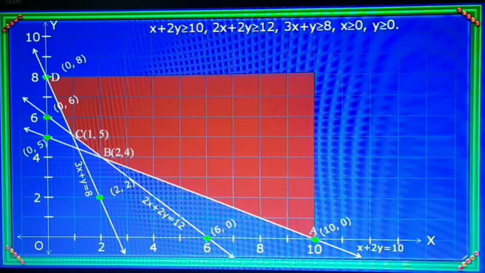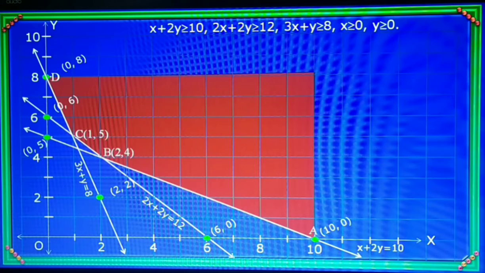Yes, we can identify the corner points: A with coordinates 10, 0, B with coordinates 2, 4, C with coordinates 1, 5, and D with coordinates 0, 8.